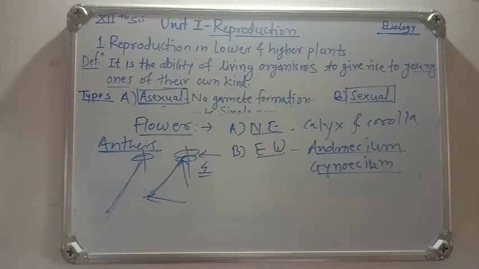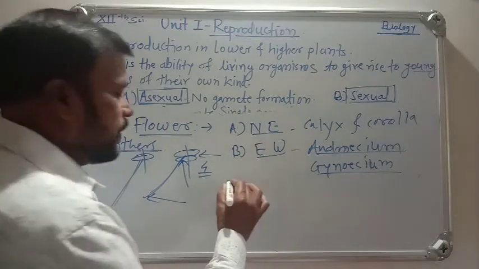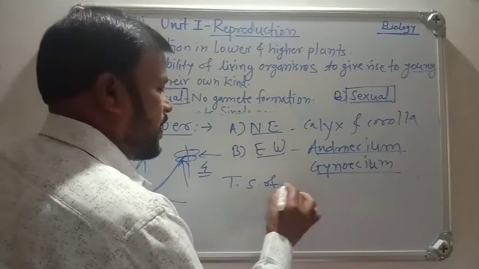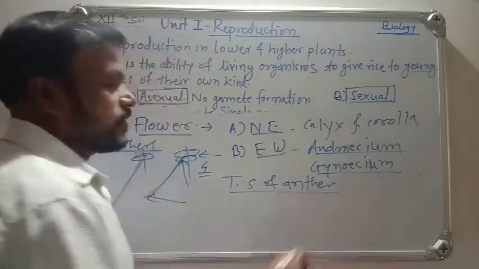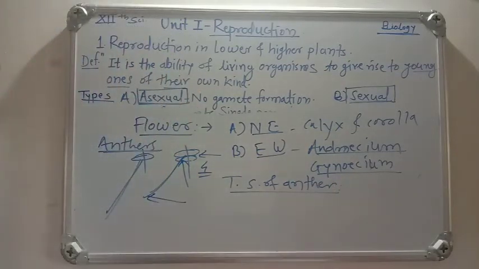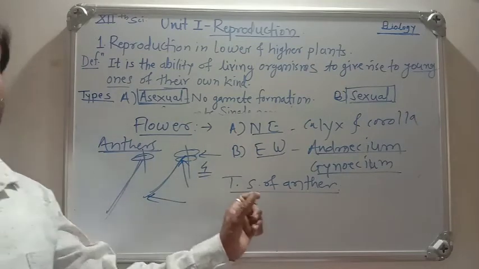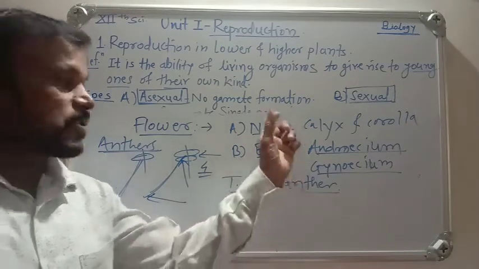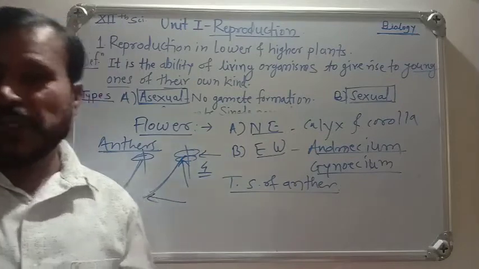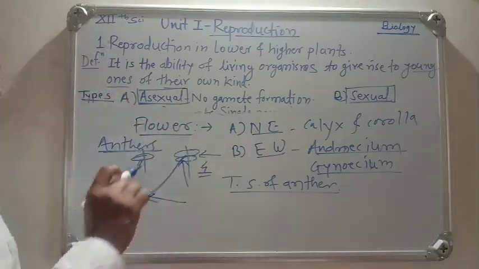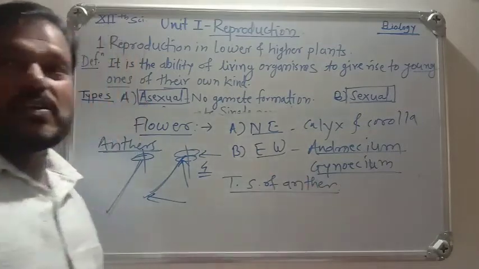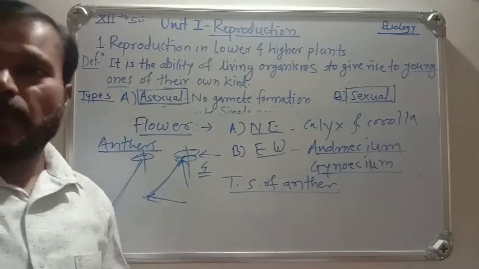Now we will study in detail about the TS of anther. Next time we will study it in detail. So all of you please follow the diagrams of the flower given in the textbook, complete the boxes, and also observe the diagram of the TS of anther.